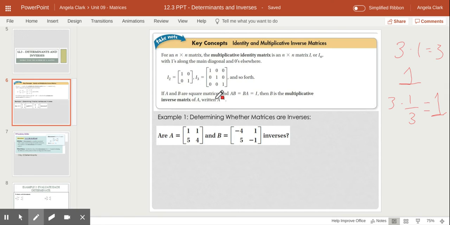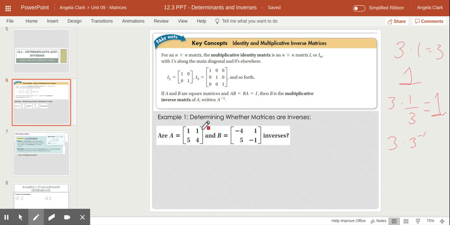We do that because having a 3 in the denominator of a fraction is the same thing as having 3 to the -1. These are equivalent. And so since these are inverses of each other, we like to use -1 as a symbol for something being an inverse. So this just means the inverse of A.